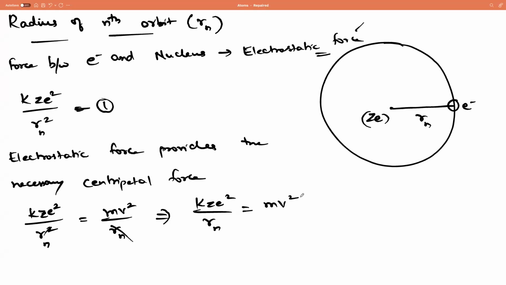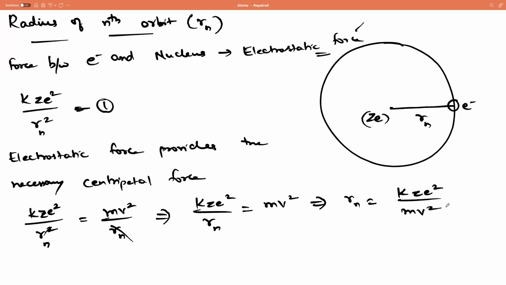Now how to proceed from here? For example, if I write Rn is equal to kZe square divided by mv square, that will be the final answer. But remember, I should not leave the expression like this.